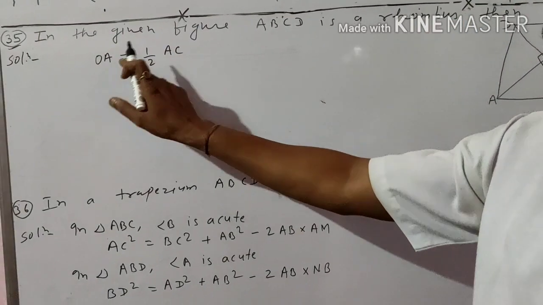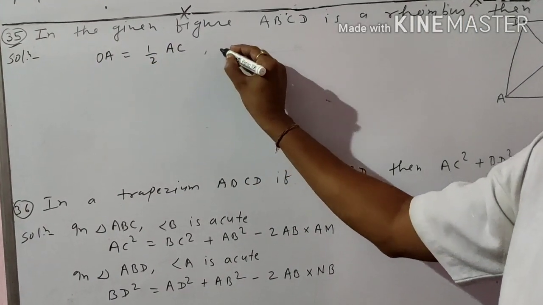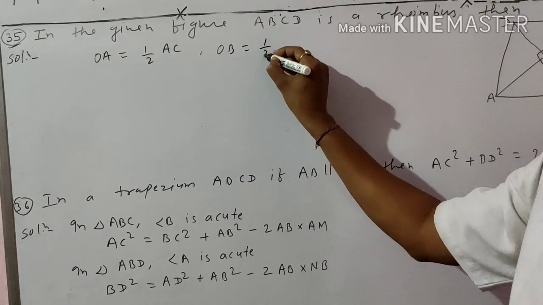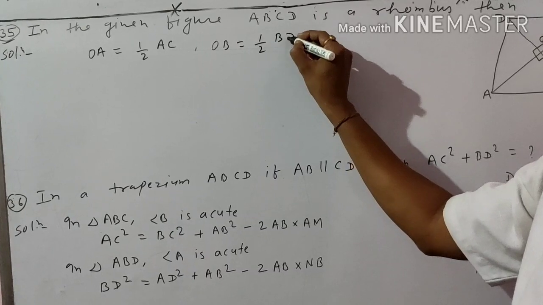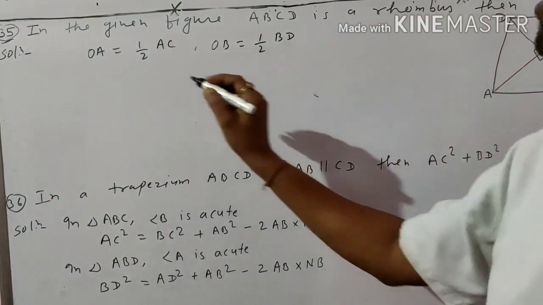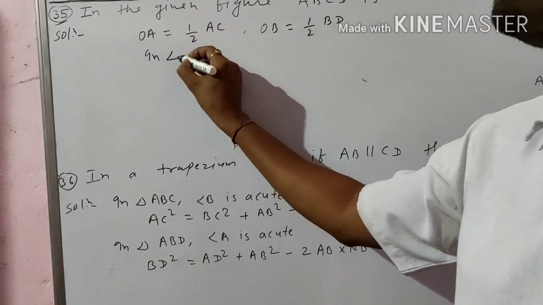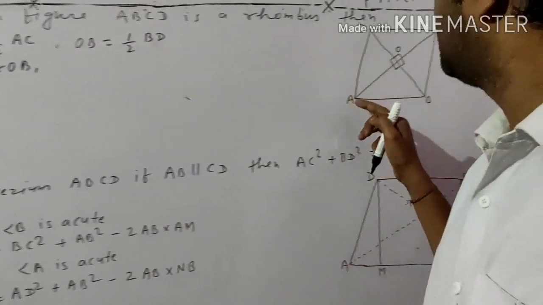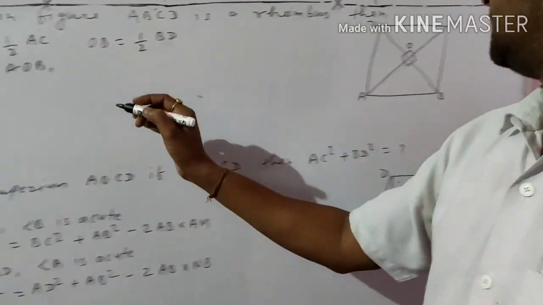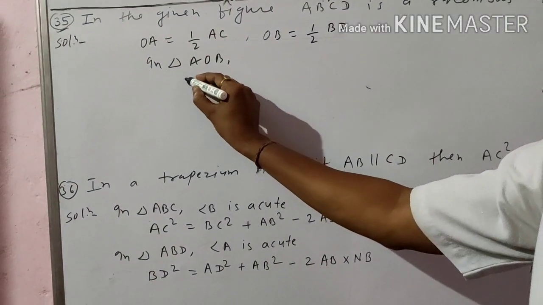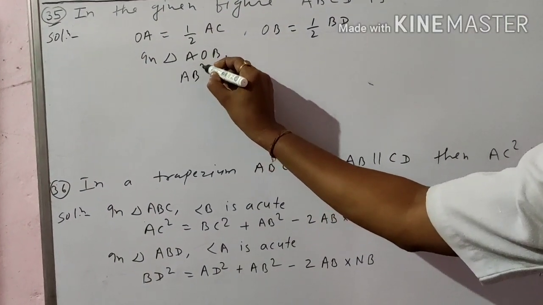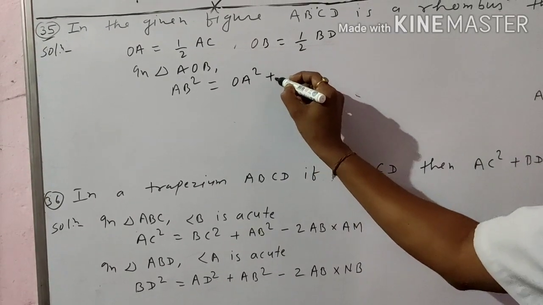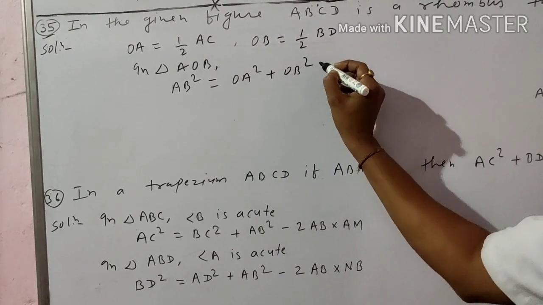So we can say here OA is equal to half AC and OB is equal to half BD. So according to the Pythagoras theorem, in triangle AOB, AB square is equal to OA square plus OB square.